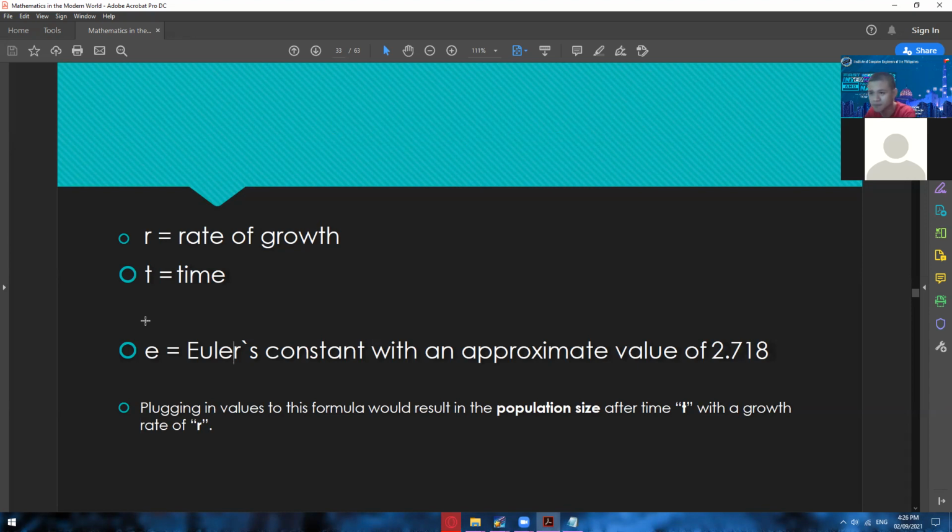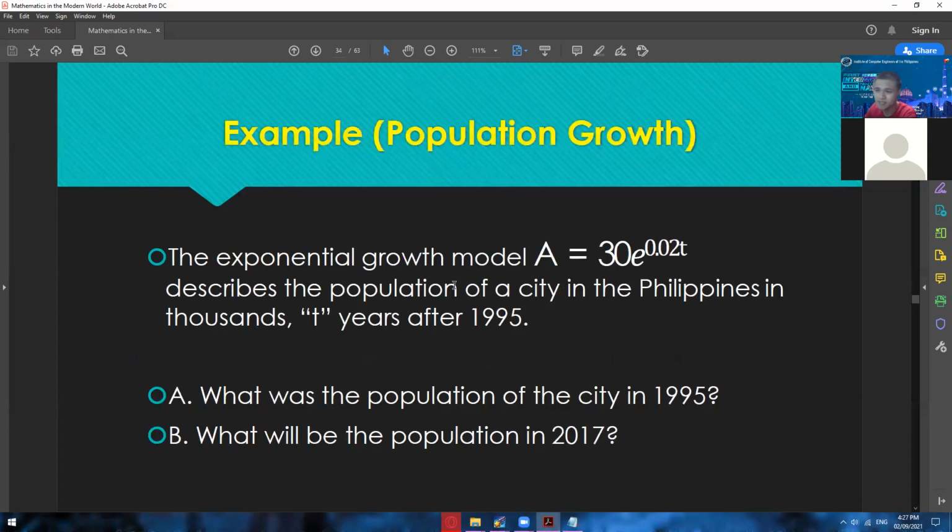And then t is the time. Okay, so how long will it take? 1 year, 2 years, 3 years, or even 10 years, or even 100 years. Okay, so plugging in values to this formula would result in the population size after time t with a growth rate of r. Okay, so let's have an example.